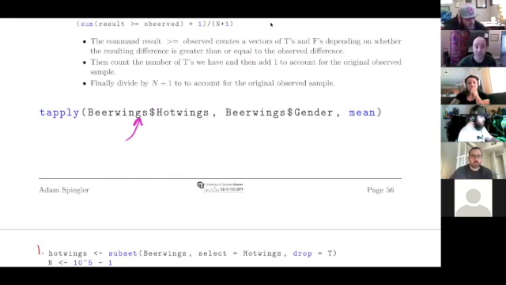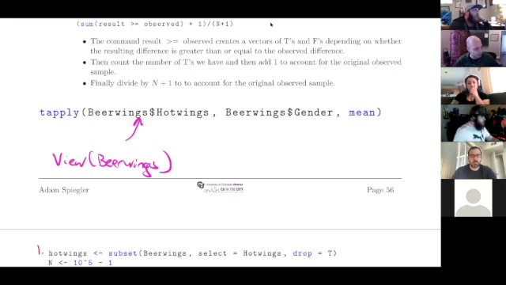One of the variables in that data set is Hotwings. It might help if you're in R, you can do View(BeerWings) with a capital V, and that'll show you what the data set looks like. It's not that big. There's 30 people in it, so it's not a crazy data set. This is just a column of how many wings each person got.